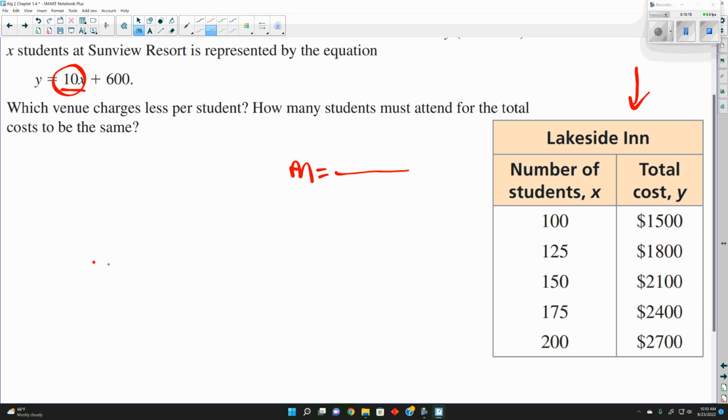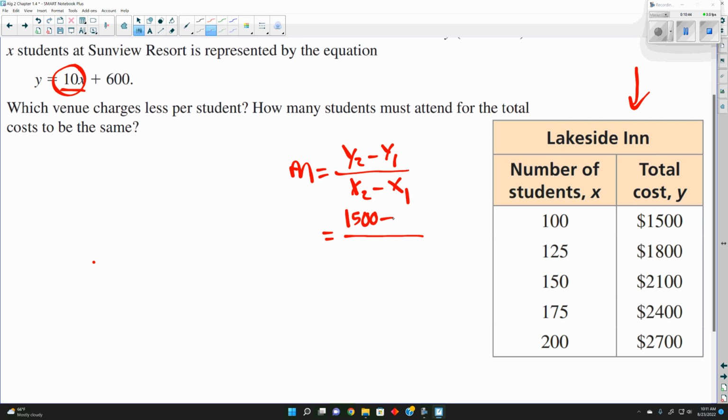So we need y2 minus y1 over x2 minus x1. It told us already the total cost is y, the number of students is x. So what's one y value we can use? We have 5 to choose. 1,500.